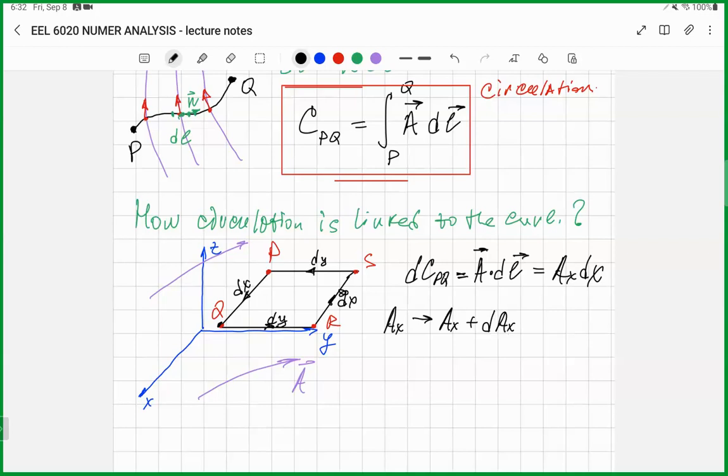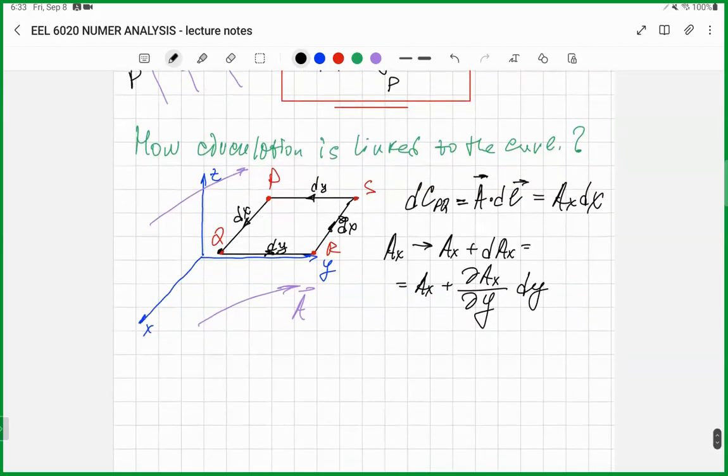But since this change happens along the coordinate y, this change is given by the partial derivative of Ax by y times dy, because only y changes, dy.